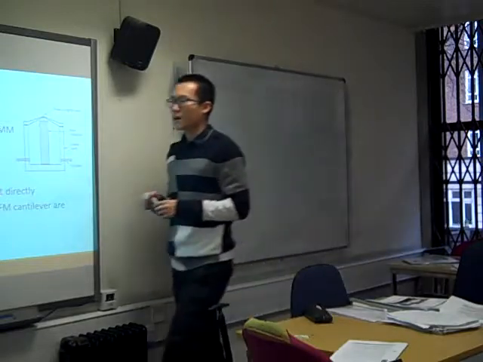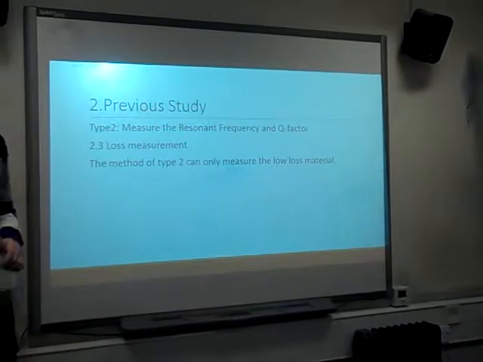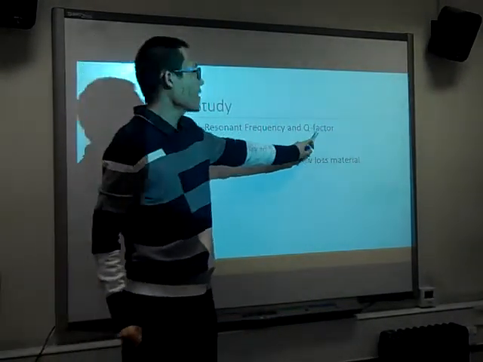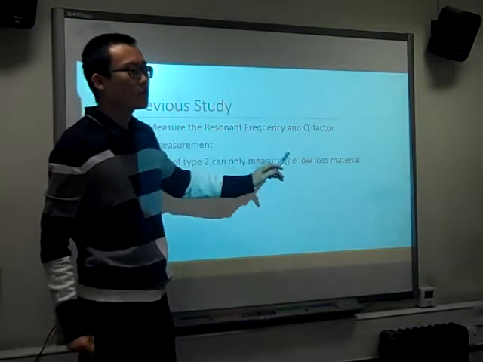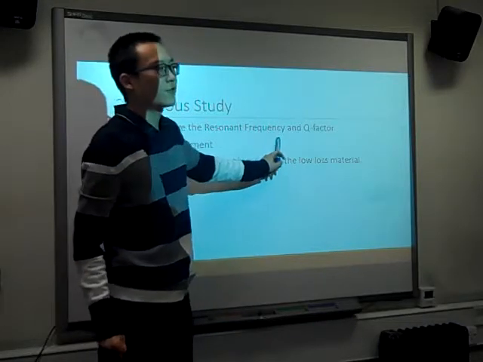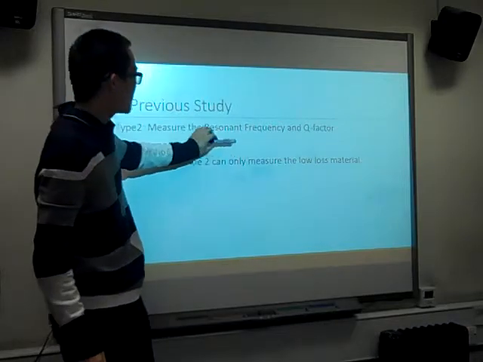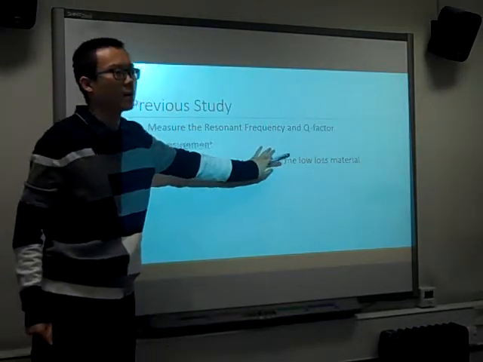So the authors try to use this method, type 2, to measure the permittivity. And the Q factor, Q means quality, is another kind of measurement related to resonant frequency, but it's quite complicated. So I suppose that the explanation of resonant frequency is enough here.